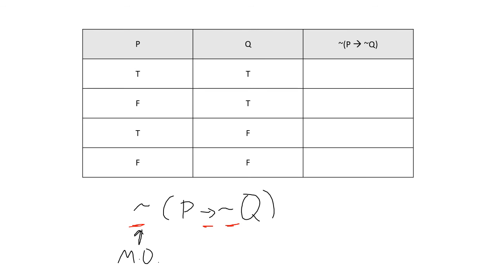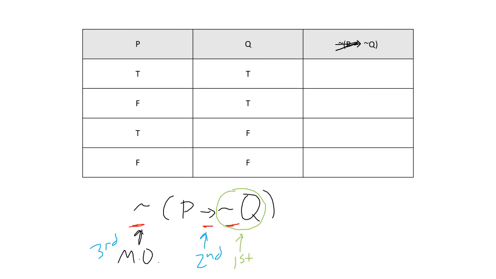Well, in this situation, we have to do the tilde first because the tilde is only connected with this Q. So we got to work from the smallest to the biggest. So we're going to have to do the tilde first. And then we're going to have to do the arrow second. And then we'll have to do the main operator third, which is the tilde.